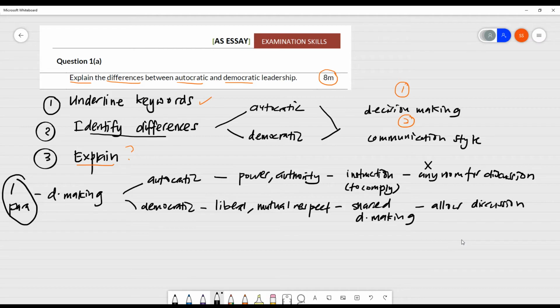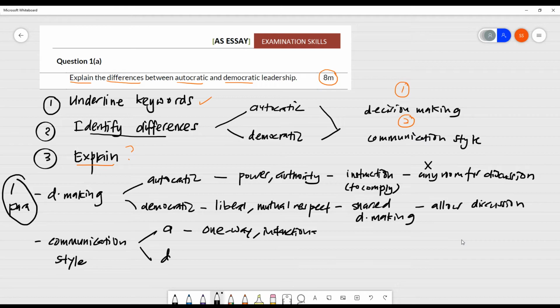All right. Now, you also need to do the same for communication style. Right. In terms of communication style, let's just put A and D here. All right. How does an autocratic leader communicate? It is basically a one way, right? Very much instructing or an instructional method, right?